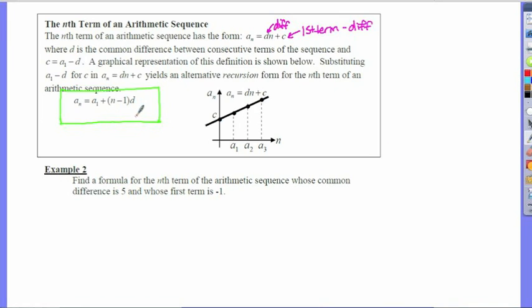D, I think y'all can probably tell me what the D is on this equation. D is going to be your difference. A sub 1 is your first term in your sequence. And n is going to be your term number. Like if it's the 8th term, you would plug in an 8 right there. So this would be your term number.